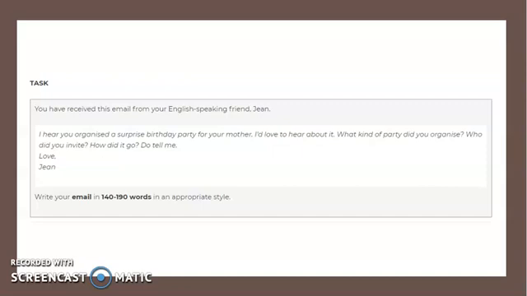Also remember that you have a specific number of words between 140 and 190. Finally, it reminds you in an appropriate style, meaning that it must look like a letter and the type of language should be informal language in this particular case.